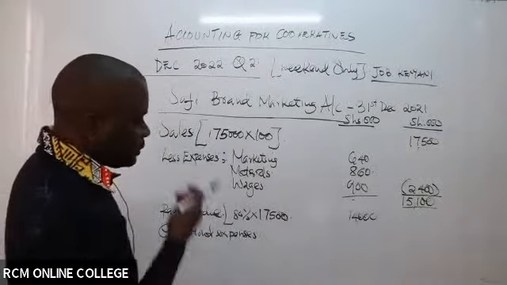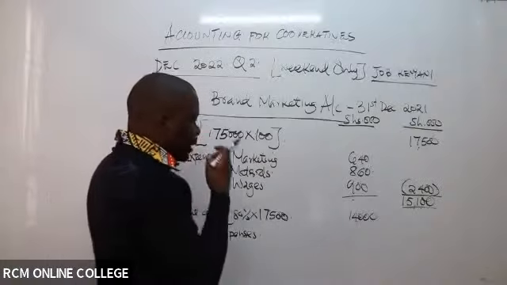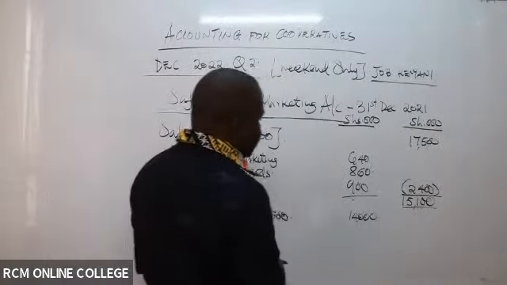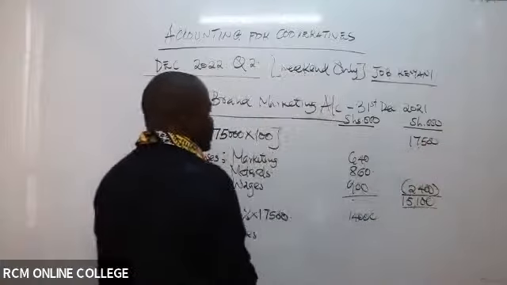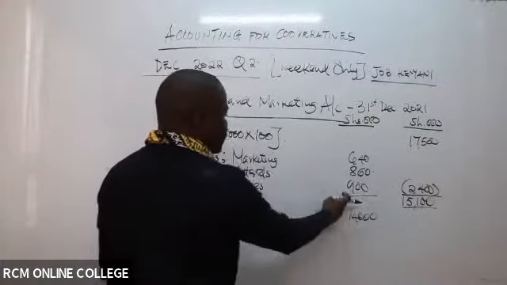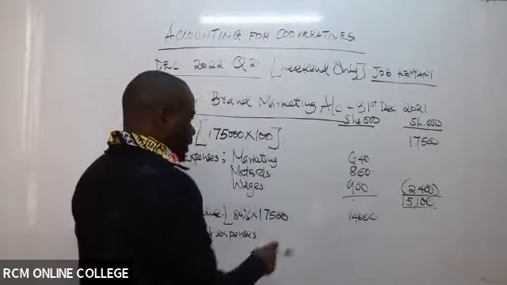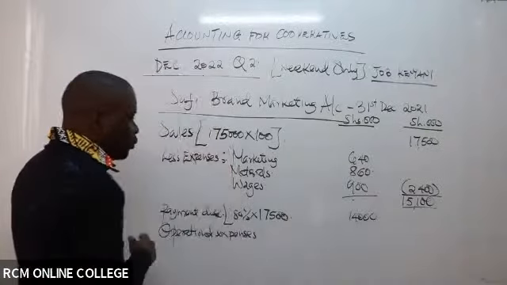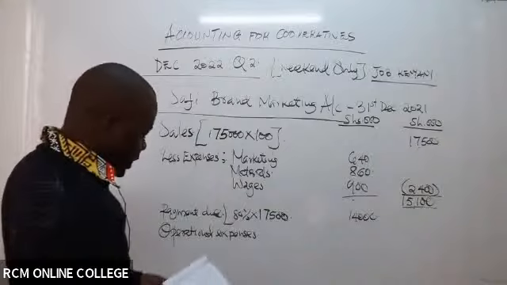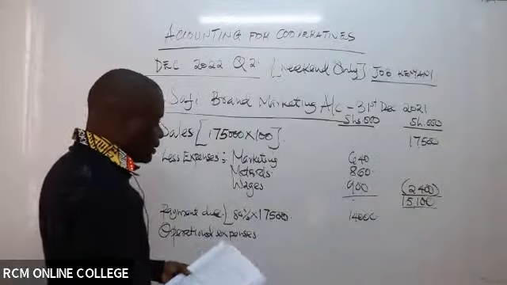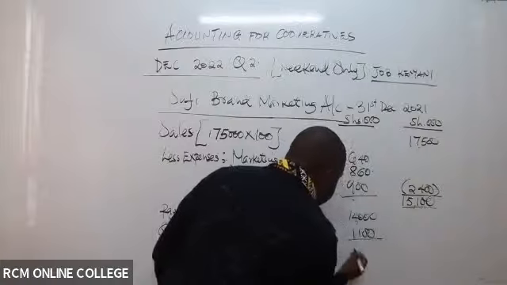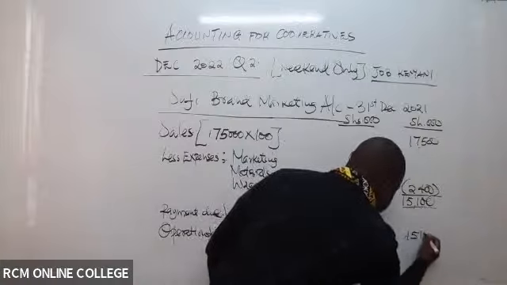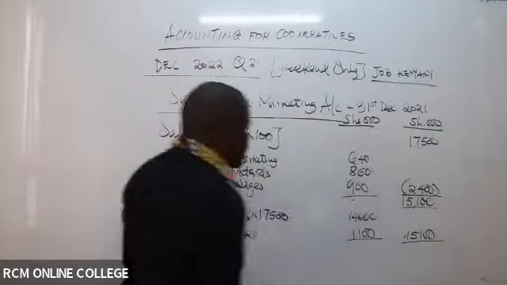Out of these, you remain with 3,500, less all these expenses. Then the 20% will go to the operational expenses, which in this case would be 1,100. So that the total there remains to be 15,100.